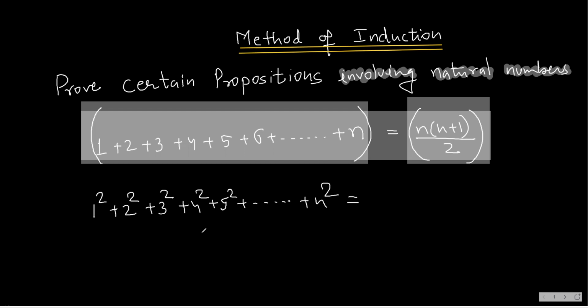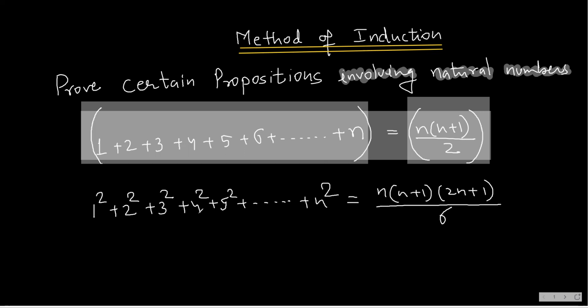What is this? This is the sum of squares of first n natural numbers. And it is given by n into n plus 1 into 2n plus 1 upon 6.